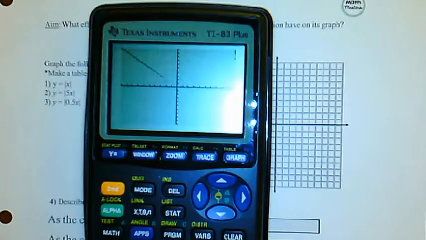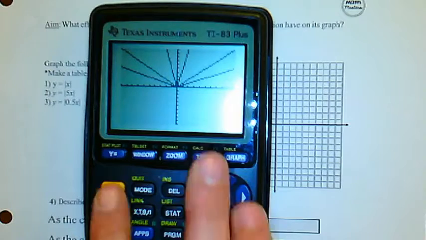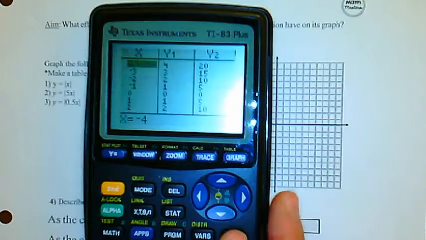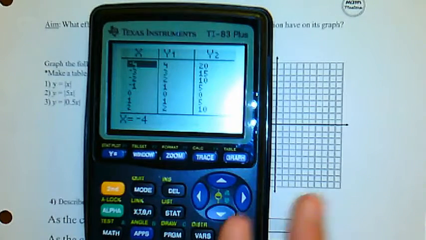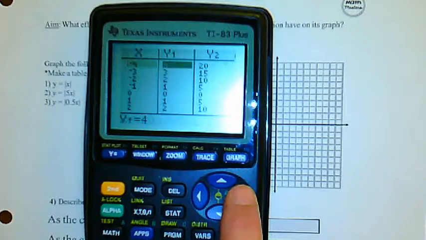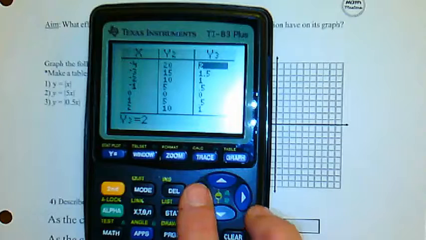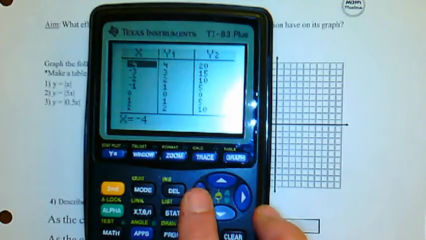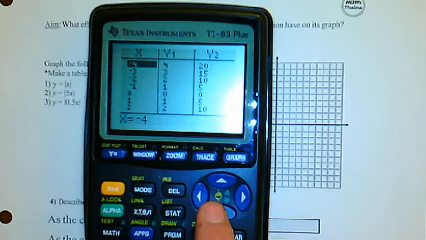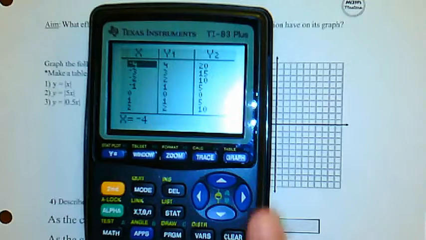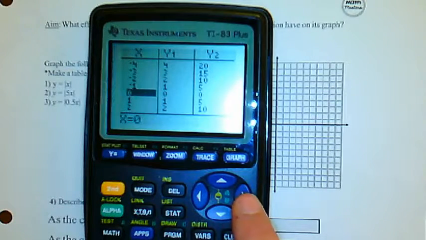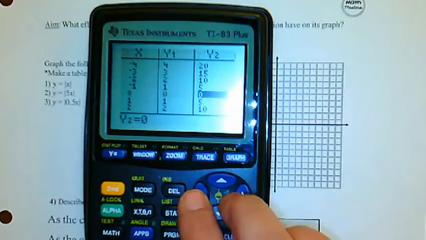You're going to graph those and you're going to see there's your original, there's 5x, and there's 0.5x. Go ahead and look at your table, and you can graph all of these. We put 3, so you're going to have to scroll over 1 to get your third set of y coordinates. The other nice thing about just multiplying is that your vertex, your turning point, is going to stay in the same spot at 0, 0.